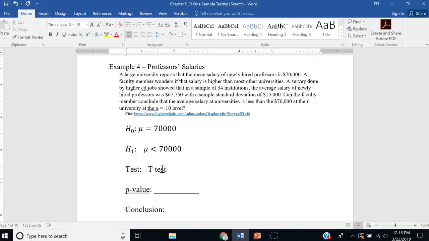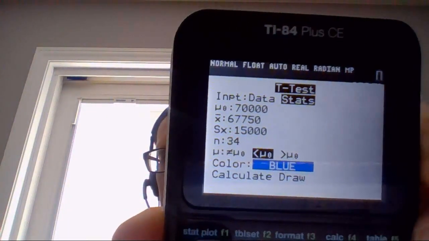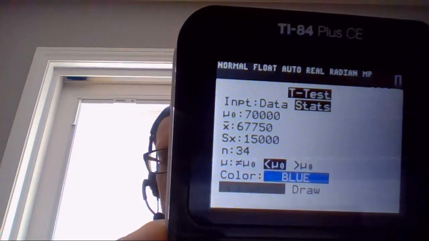Now we're going to use less than mu 0, the fifth entry line down. So when you do that, your calculator is going to look like this. All right, you can pause that if you need.